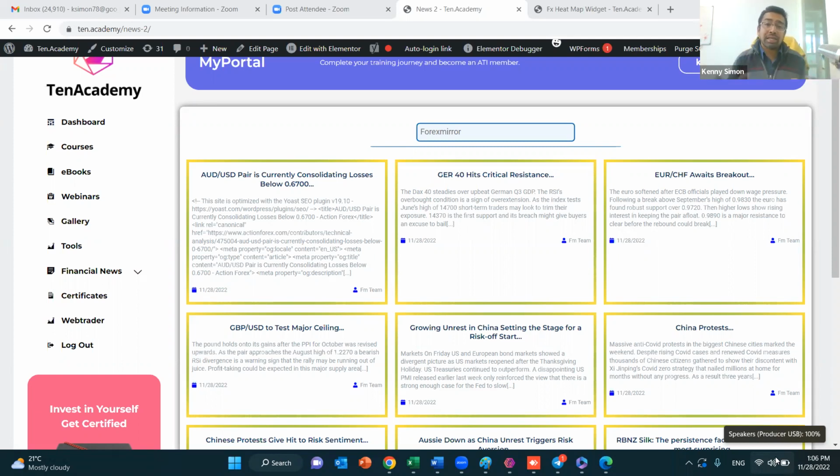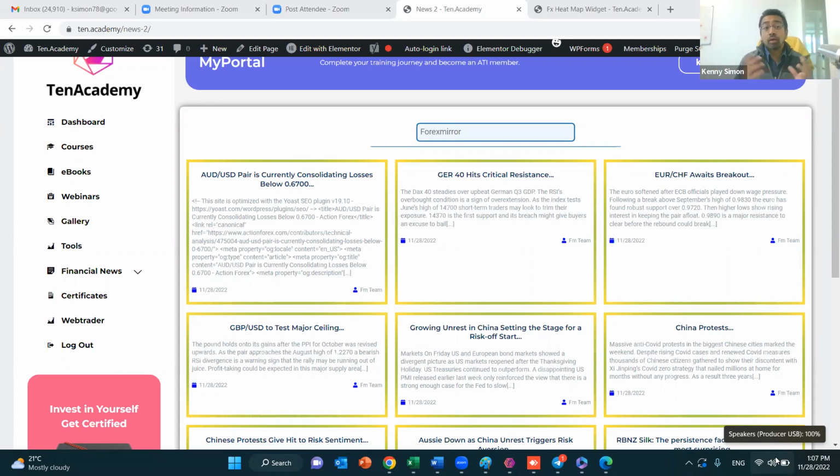How do we attach these two elements, have them reflected onto your TenTrade platform or your MT5, and then proceed in doing a better technical or trend analysis? So that's what it will be about for today.